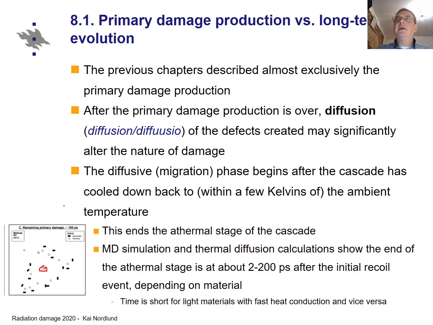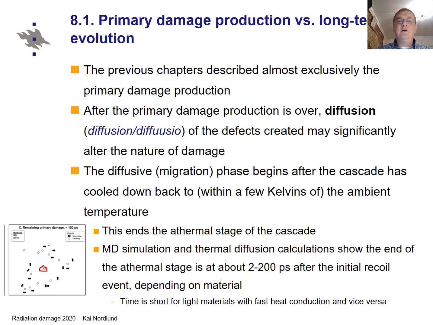And at this temperature, then regular thermodynamic diffusion effects start being active. For instance, an interstitial very often is mobile, and if it's mobile, it will start migrating and moving around.